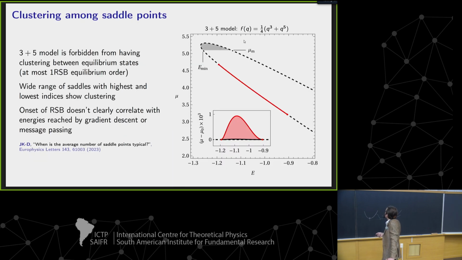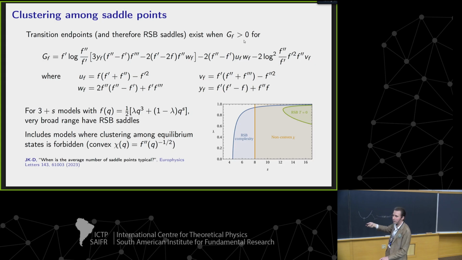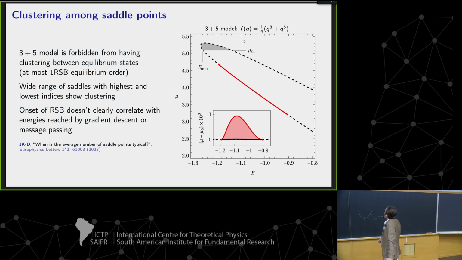But in fact, you see what happens if you take larger S, the less pure-like the model is, the bigger S is in this 3 plus S, the more non-trivial the set of states which has these properties gets. As you can see, for these kind of pure-like 3 plus 5 sort of things, you get a very thin slice of saddles, which it's possible they influence dynamics. It's not certain, not for every dynamics probably.